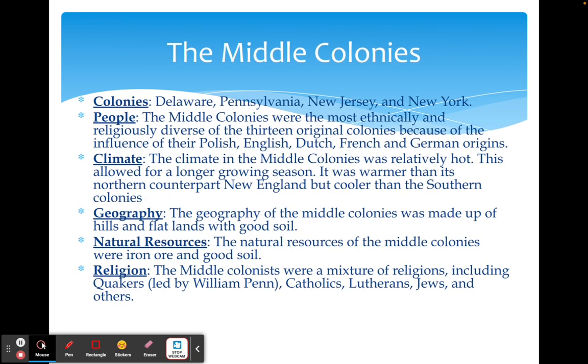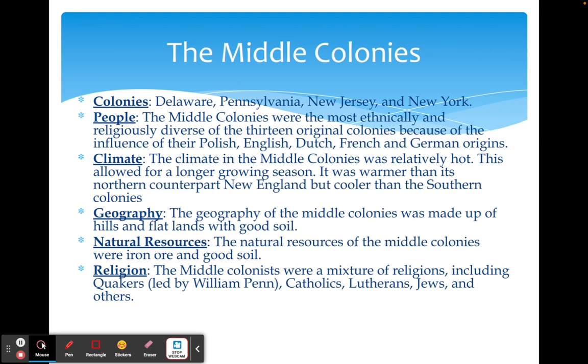So now we go down to the middle colonies. The middle colonies are Delaware, Pennsylvania, New Jersey, and New York. The middle colonies were the most ethnically and religiously diverse of the colonies. There were Polish, English, Dutch, French, and German origins. The climate is pretty hot, which allowed for a longer growing season than in New England. The geography of the middle colonies is hills and flat lands, and the soil is very good.